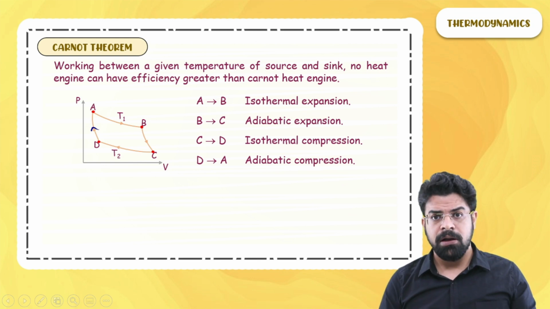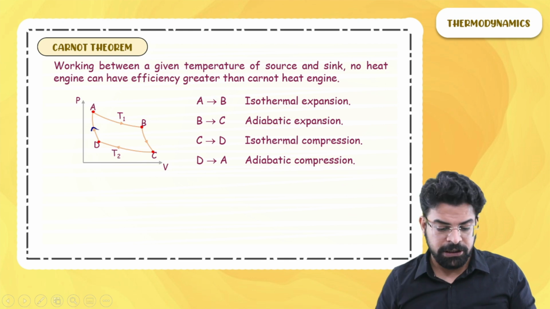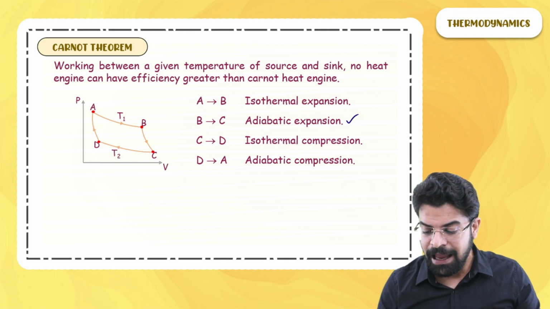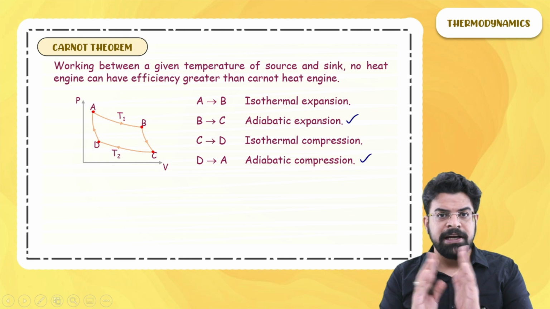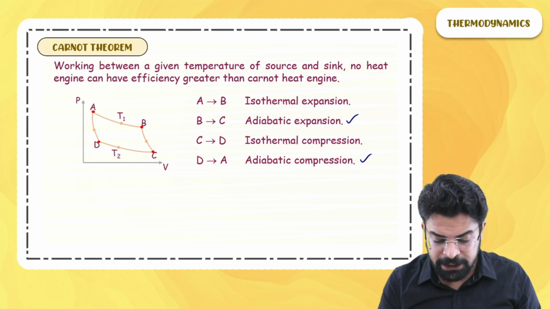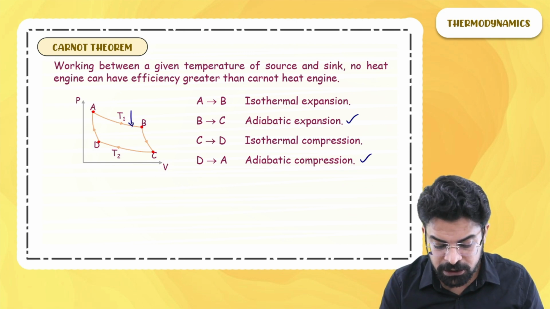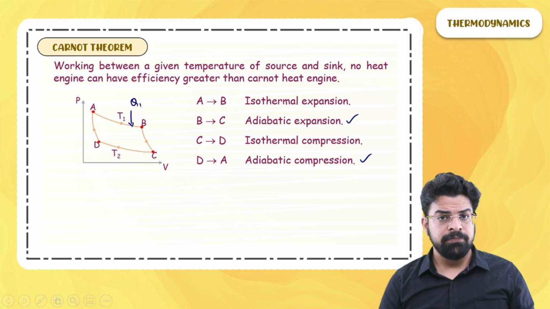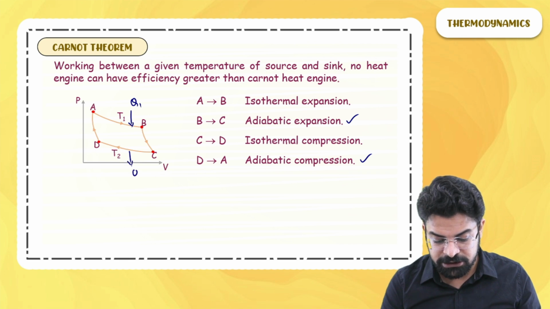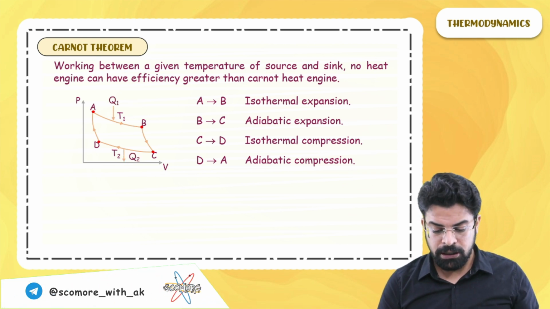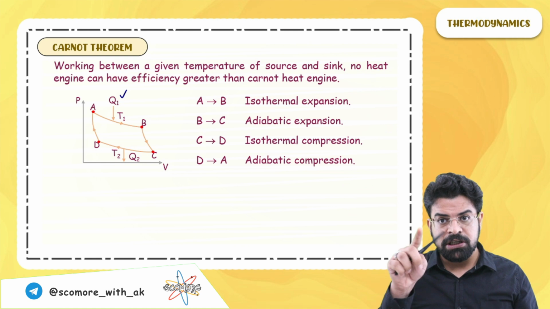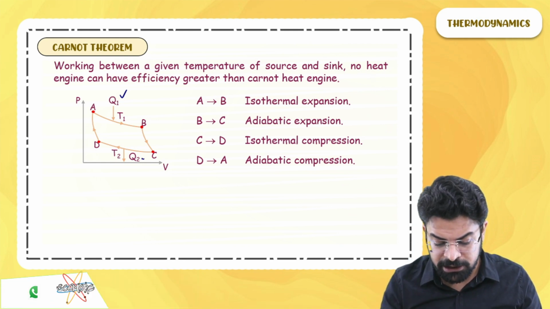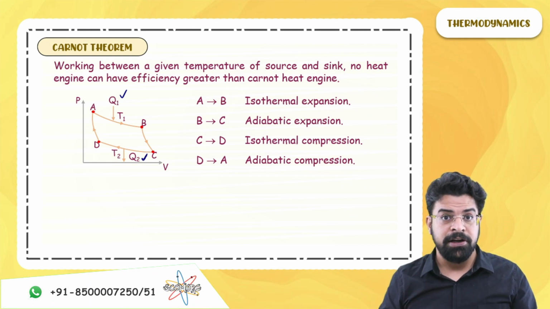Now for a Carnot engine, during the adiabatic process, there is no heat exchange. During the isothermal expansion, the engine accepts heat, and during the isothermal compression, the engine discards heat.